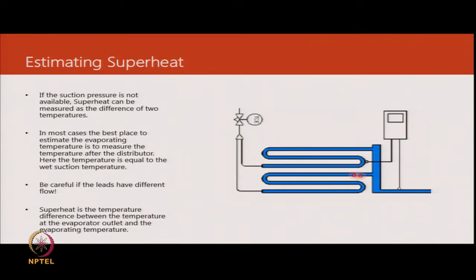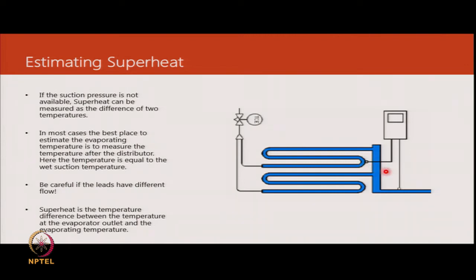Now, where can we run into trouble? If the flow rate, now this is a distributor here, feeding one circuit, the refrigerant flows and then gets to the header, and then there is another circuit, again refrigerant comes in and goes to the header. If the refrigerant flow in both these circuits was not equal and we end up taking temperature here, then we could be running an assumption which is not really valid.